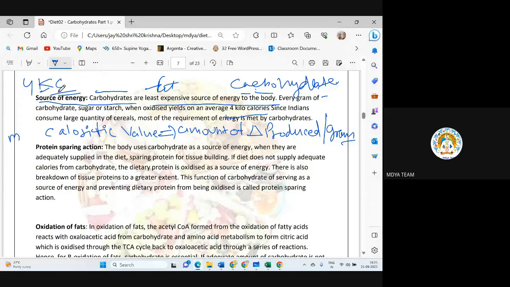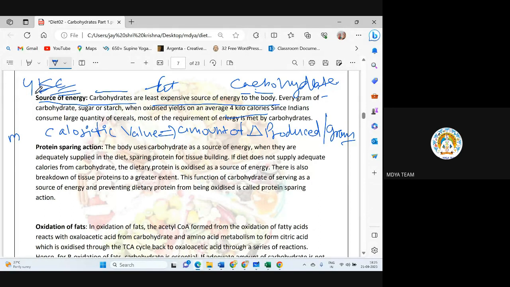Some people use calorie and some use kilocalorie. Both are the same thing. It is not that you have 1,000 calories in 1 kilocalorie. That is wrong. Both units are the same. In some books you will find calorie and in some books kilocalorie. Again, both units are the same.